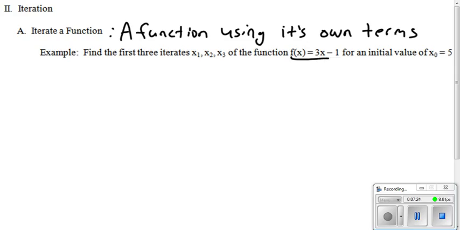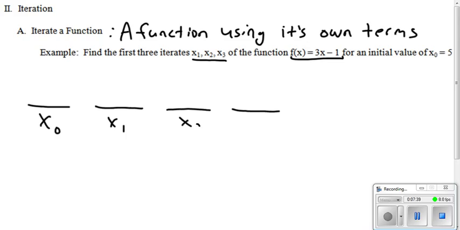If we are given our function notation, and we start with our x sub 0, and we want to find our first three iterates, x sub 1, x sub 2, and x sub 3. And we know that the x sub 0 equals 5.